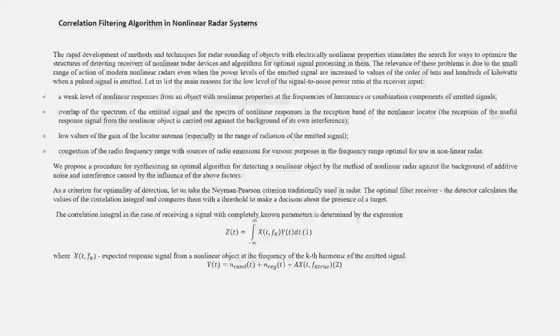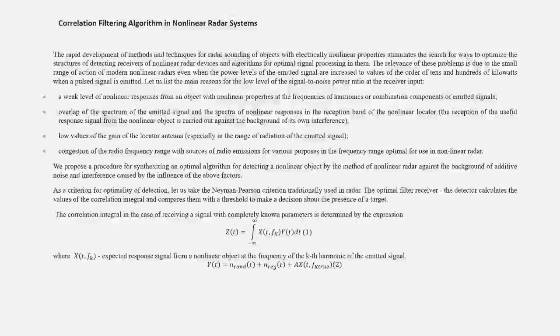Overlap of the spectrum of the emitted signal and the spectrum of nonlinear responses in the reception band of the nonlinear locator. Low values of the gain of the locator antenna. Congestion of the radio frequency range with sources of radio emissions for various purposes in the frequency range optimal for use in nonlinear radar.